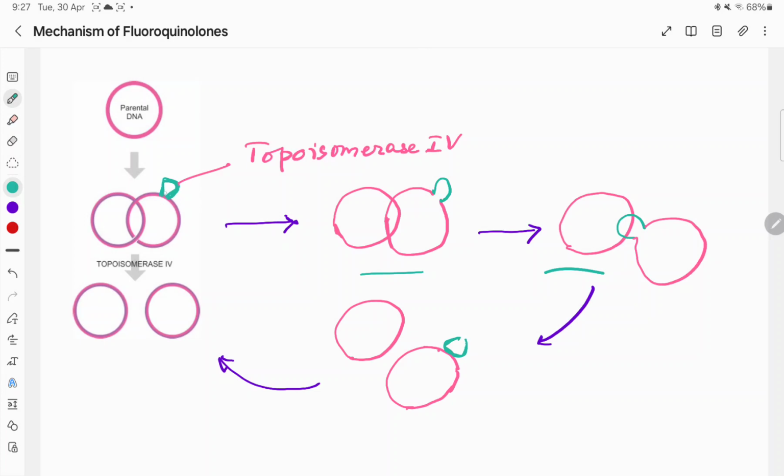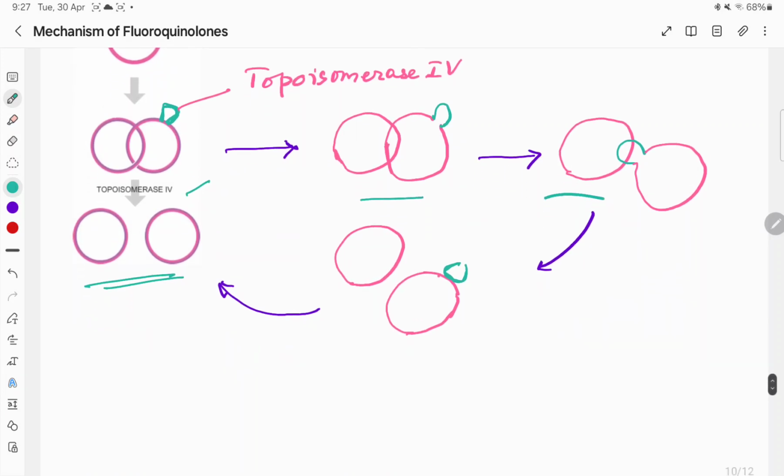It will first bind to one of them, then become the interlink between the two, then separate out and we will have the two daughter DNAs. This is how topoisomerase 4 acts.